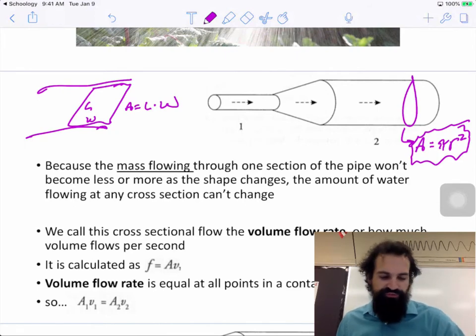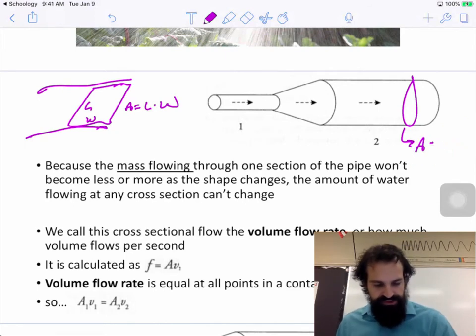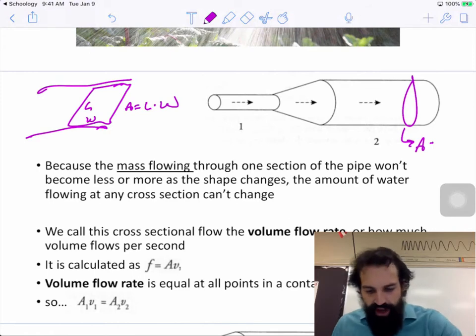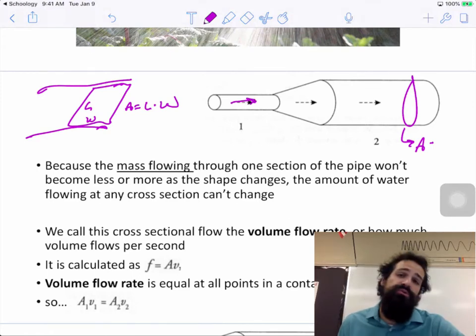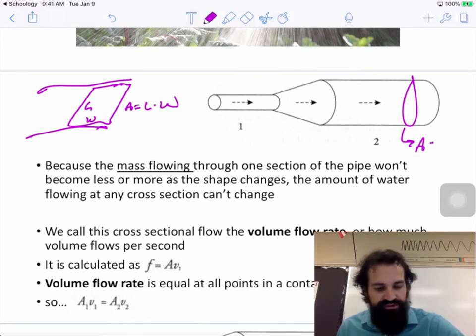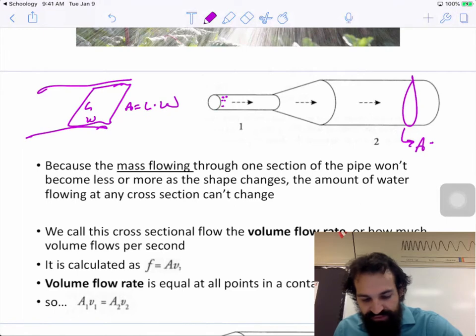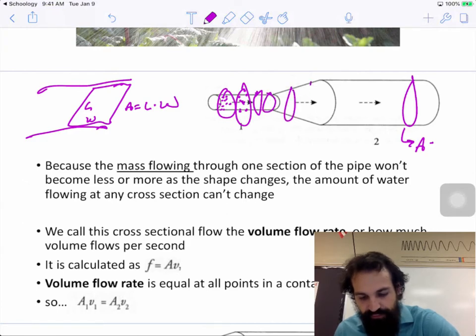So now if we look at it in the direction that the arrows are moving, and you could do this in reverse too, but I'm going to go with the arrows for this one. Because the mass or the amount of atoms flowing through one section of the pipe won't become less or more because they have to push the atoms in front of them. So you have a bunch of cross sections, each pushing the cross section in front of them.